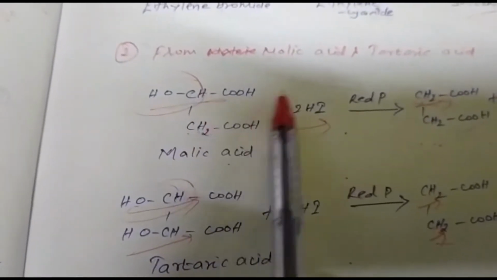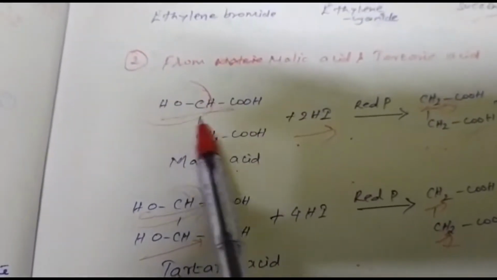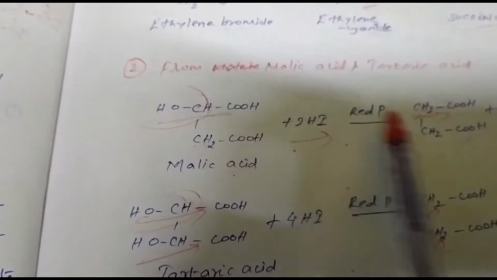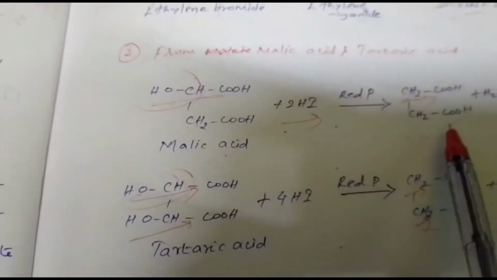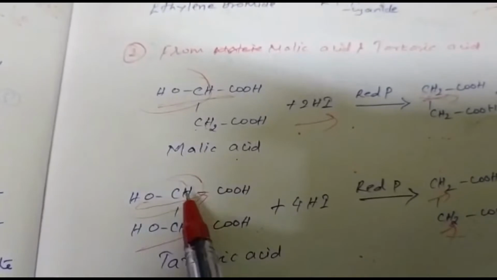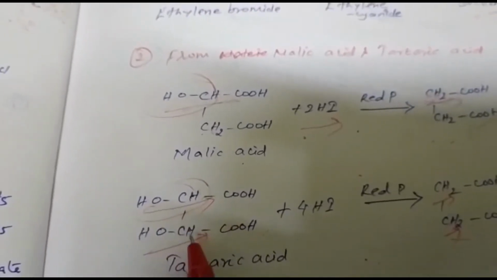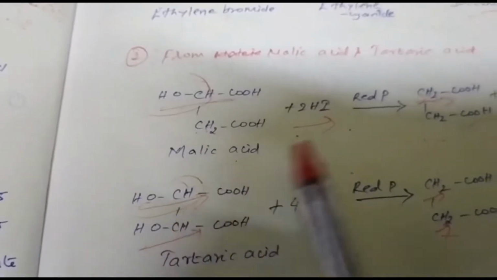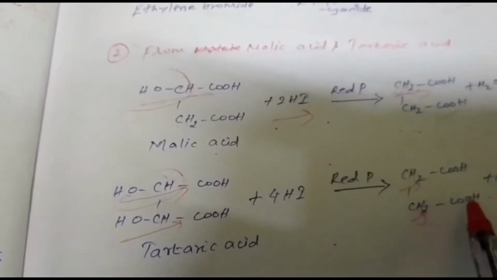On reduction, the secondary alcoholic group, that is CHOH, is reduced to CH2. So the remaining parts are unchanged, to get succinic acid. This is the structure of tartaric acid. Two CHOH units are present in tartaric acid. Both the CHOH groups are reduced to CH2, to get succinic acid.